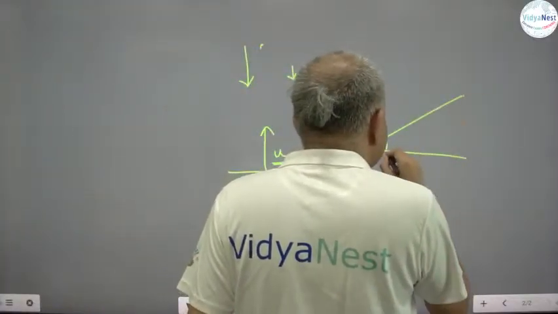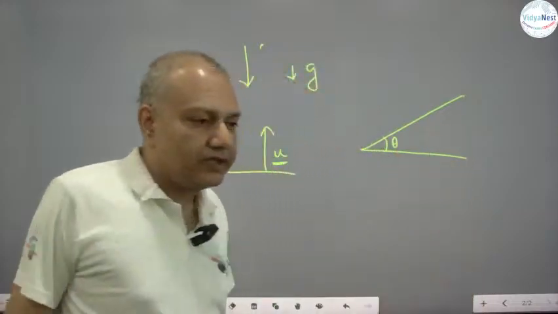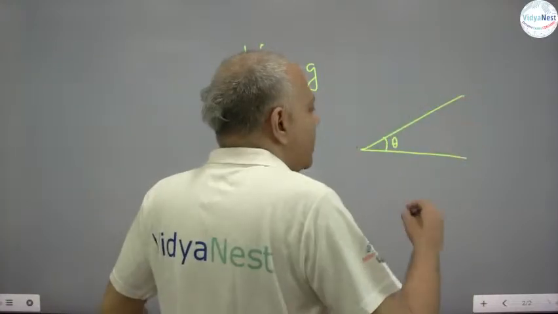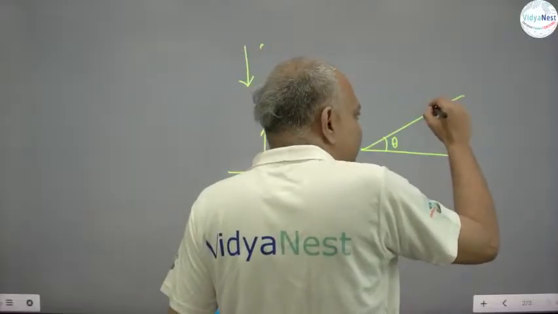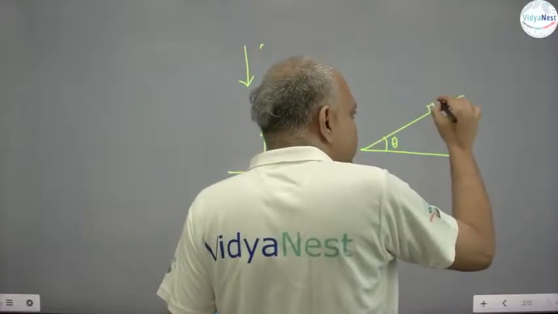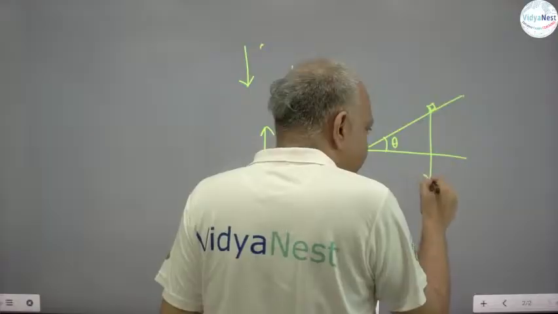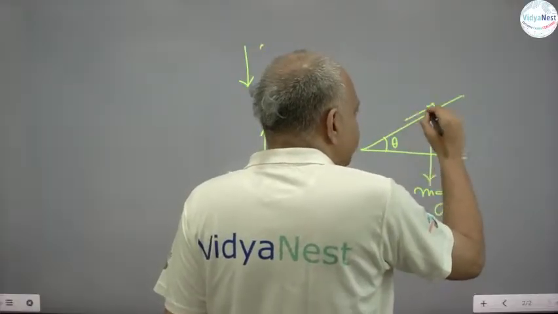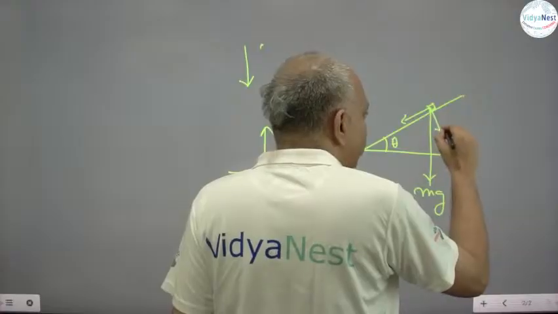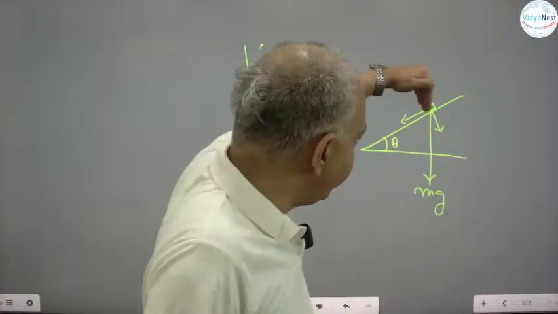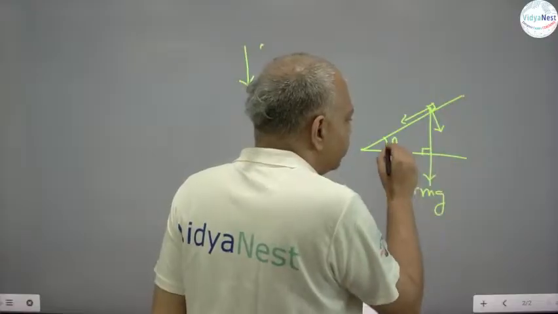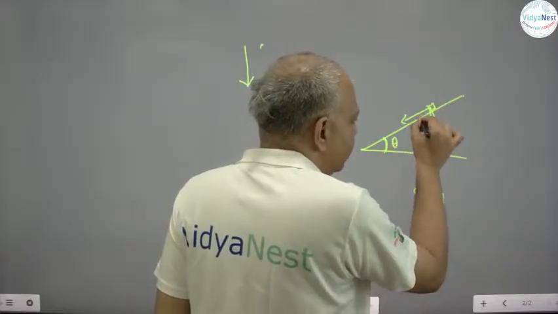If its inclination is theta, then what is going to happen? This is my horizontal plane, and the inclination is theta. If an object is placed here, it has a weight mg, which we can break into two components. Geometrically this is 90 degrees, this is theta, naturally this is 90 minus theta.